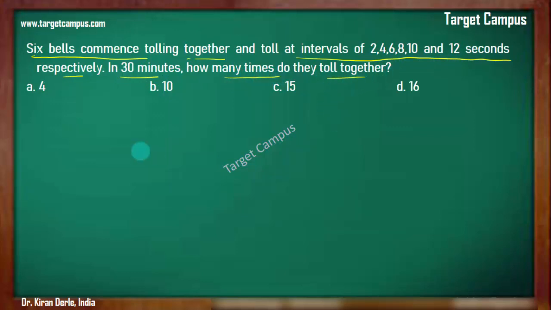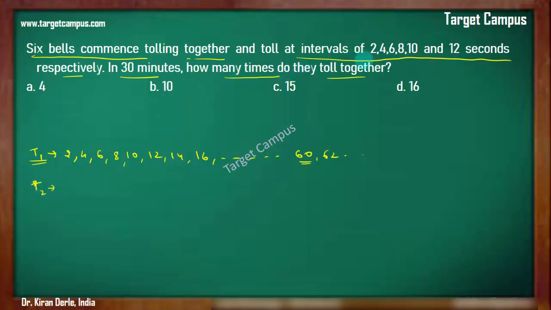So the first bell will toll after 2 seconds, then after 4 seconds, after 6, 8, 10, 12, 14, 16, and so on, so these many seconds, or after 60, 62 and so on. So this is the first bell which can ring after every 2 seconds, a 2 seconds interval.